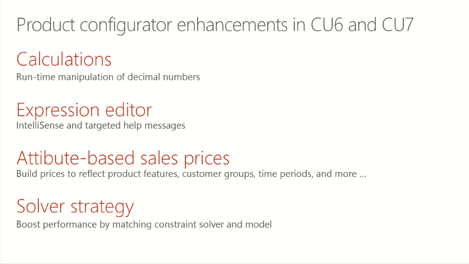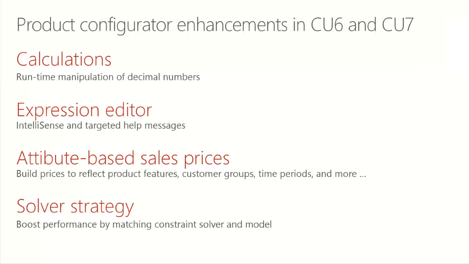We have added an expression editor that will give you some IntelliSense-like help when you are writing constraints or calculations or conditions in your product model. The attribute-based sales prices, as we just discussed, will allow you to have maybe customer-specific or customer group-specific, currency-specific, time-specific prices for your configurable products.